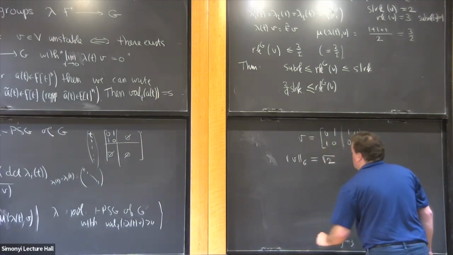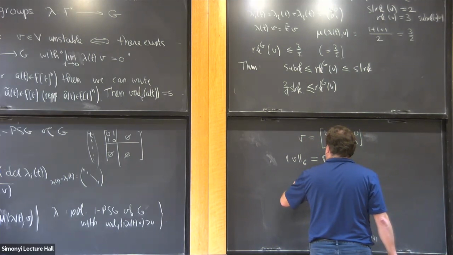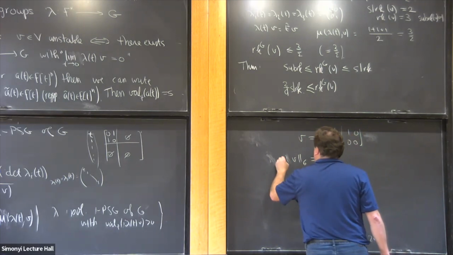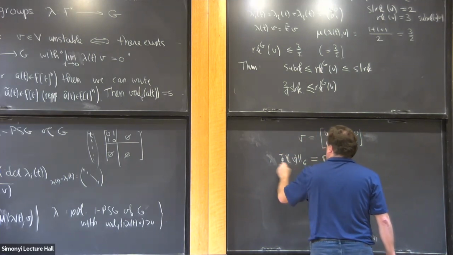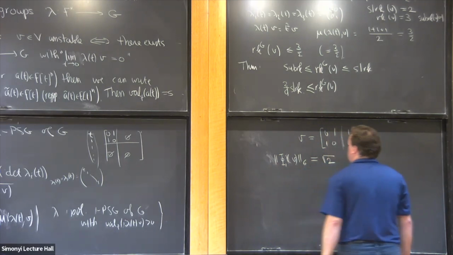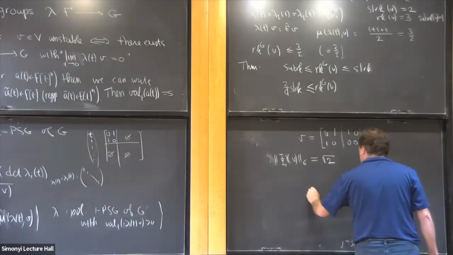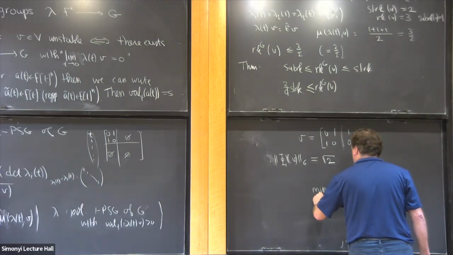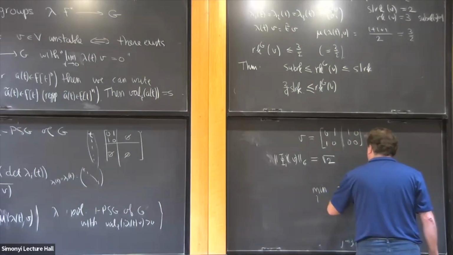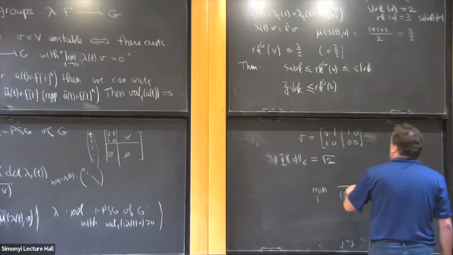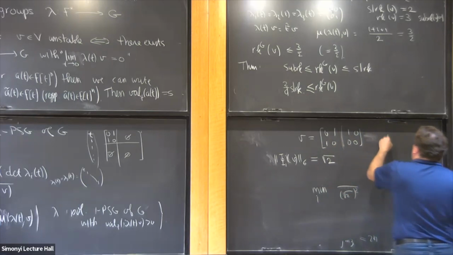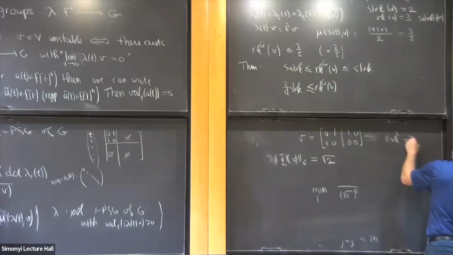And so you see the max, I may write here phi_i. You get here the minimum over all i, and here you get square root 2 squared. And here the Euclidean norm squared is 3.